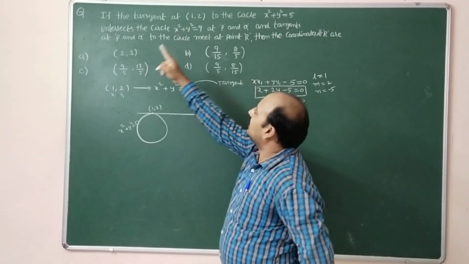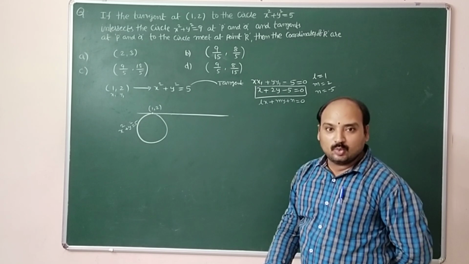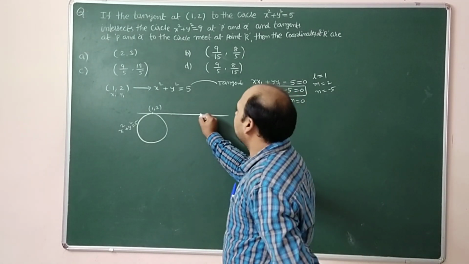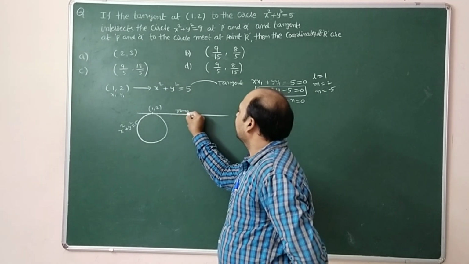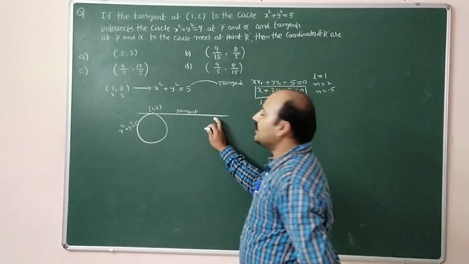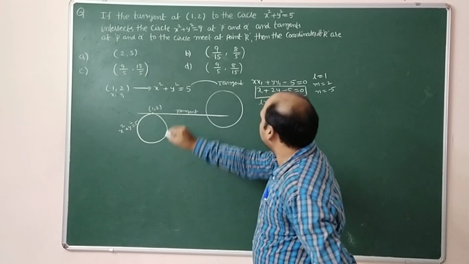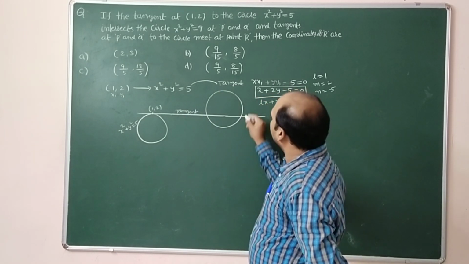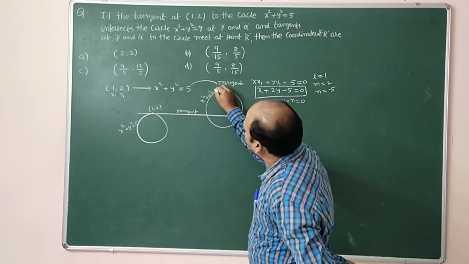This tangent equation to this circle intersects another circle at the points P and Q. See here, this tangent equation intersects the circle. This is another circle, x² + y² = 9. At what points is this tangent intersecting this circle?